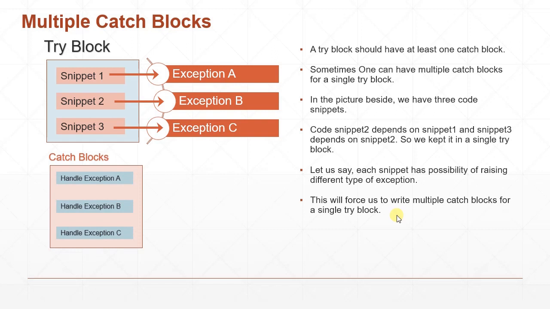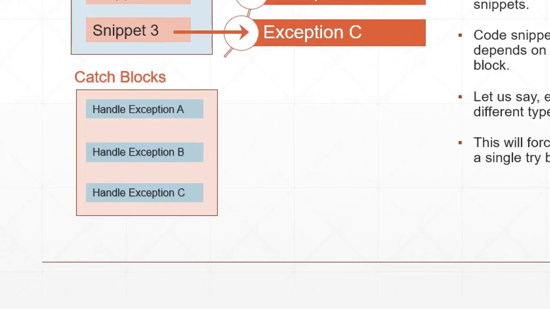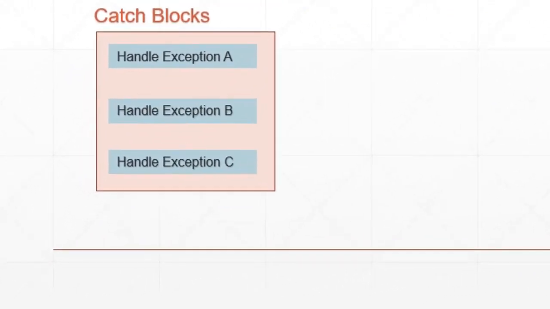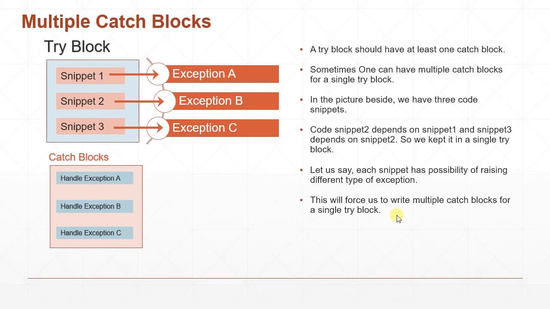If you see here, we have separate catch blocks. Catch block 1 will handle the exception of type A, catch block 2 will handle the exception of type B, and catch block 3 handles the exception of type C. So now we have an idea of how we will end up writing multiple catch blocks.